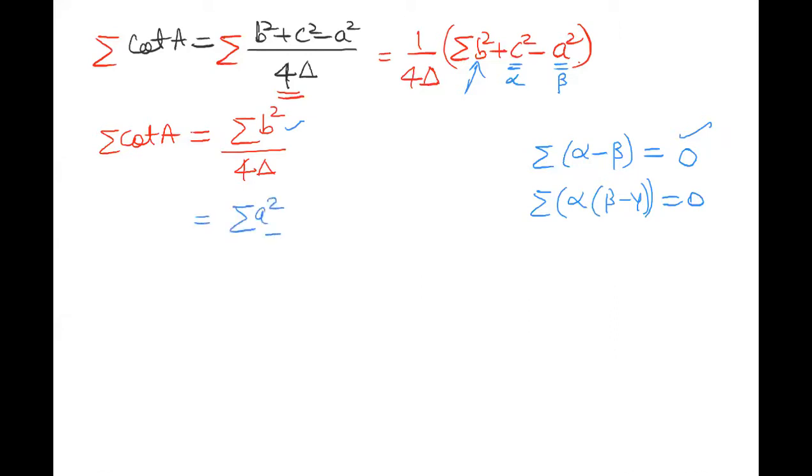So you can also write this as summation A square divided by 4 delta, because summation A square is also the same. Summation A square means A square plus B square plus C square. The same meaning will come from summation B square. Like that, this is one manipulation.